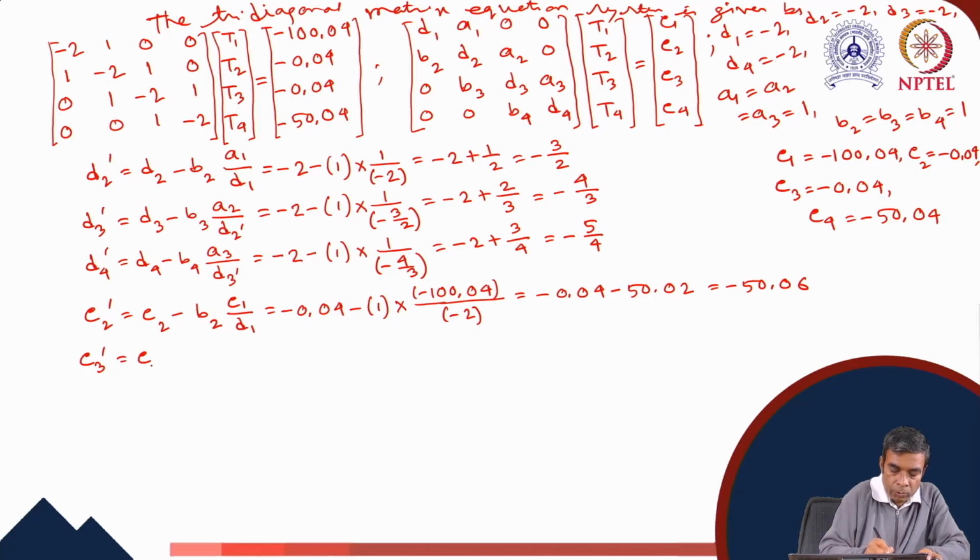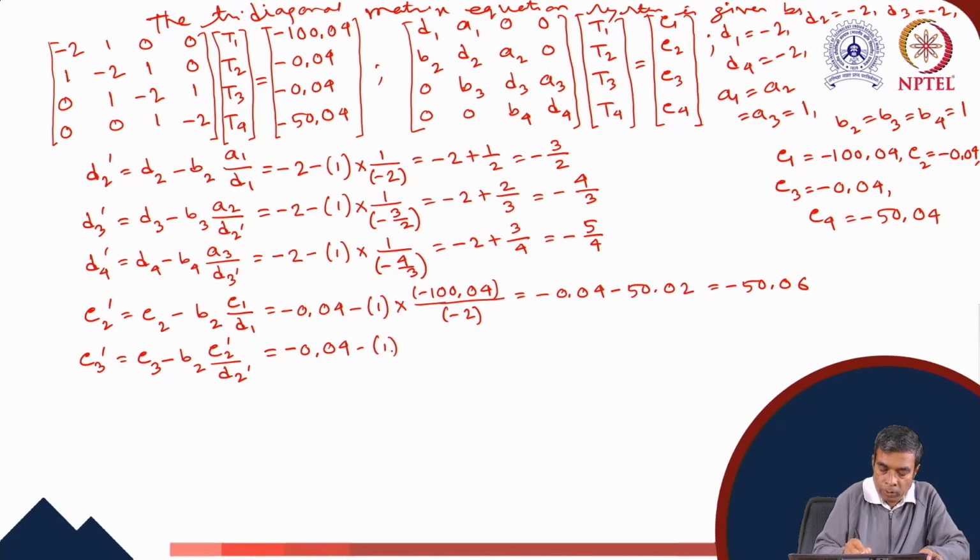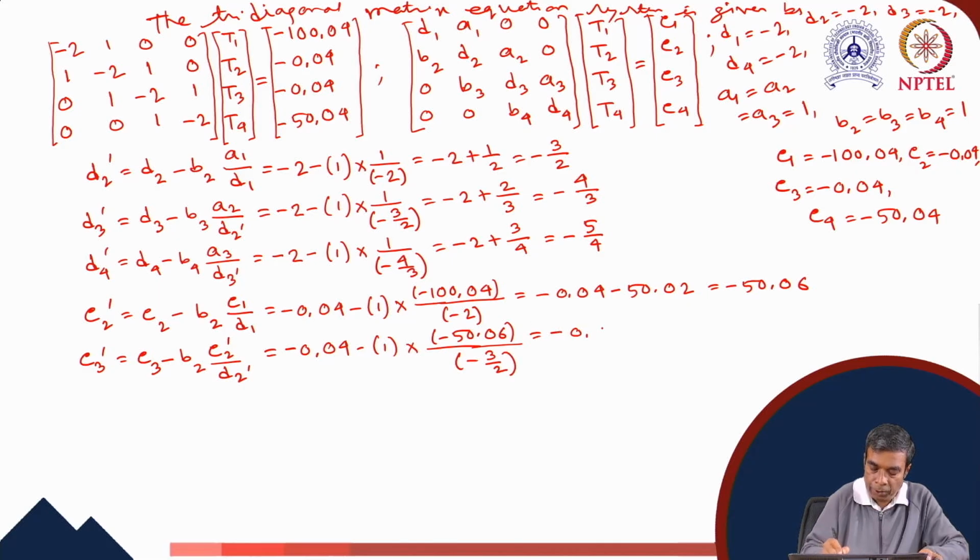C3 dash equals C3 minus B2 into C2 dash divided by D2 dash. Our C3 is also minus 0.04. Our B2 is 1. C2 dash we have calculated just now. This is minus 50.06, and D2 dash we got as minus 3 by 2. So this is minus 0.04 minus 50.06 into 2 divided by 3.